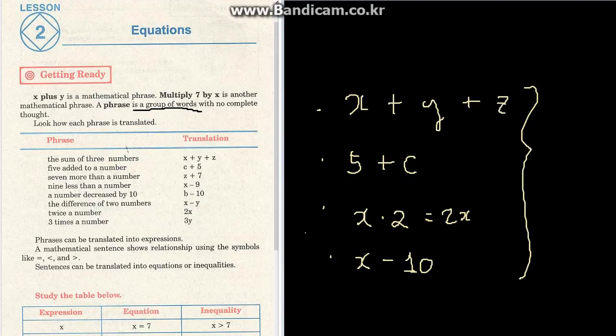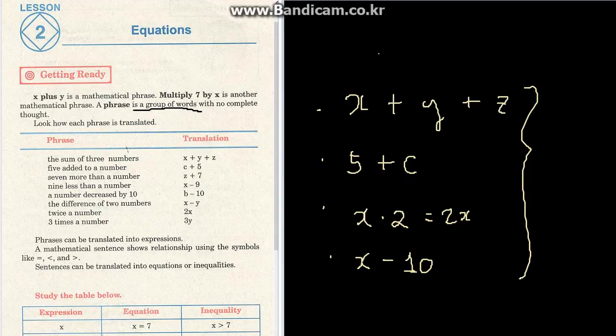Okay, so it says phrases can be translated into expressions, and a mathematical sentence shows the relationship using symbols like equal, smaller than, or greater than, right? So those sentences can be translated into equations or inequalities.